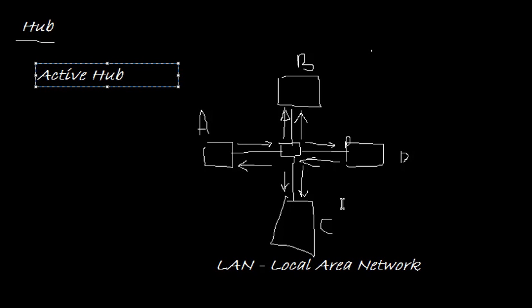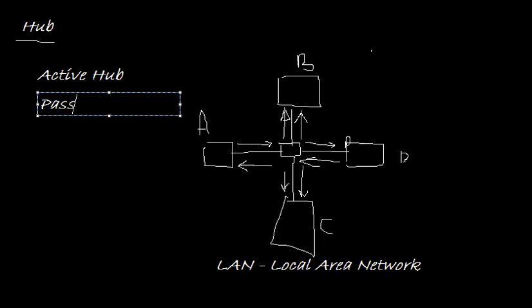That's an active one. A passive one does nothing about it. A passive hub does not act like that. It just receives the message. It does nothing to the message. It just transmits it, whether the message signal is weaker or not. It is not concerned with that. It just retransmits the message. Just like we described before, that message arrives from one client and it is transmitted to all the other ports, all the other clients connected to the same hub.